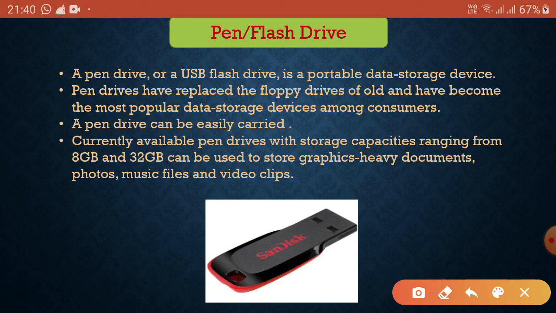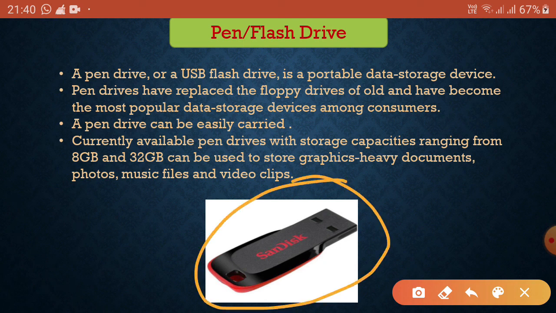Now the next point is pen drive or flash drive. So already we have used it, we use it regularly to store the data, to carry the information, songs, videos. So this is a pen drive.